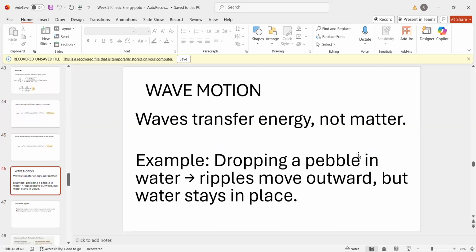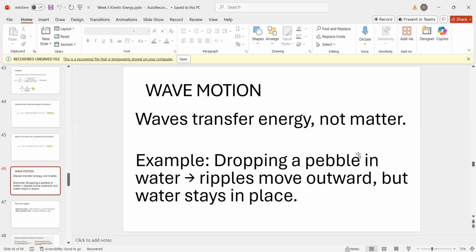Wave motion. We know about waves. Waves transfer energy, but not matter. I don't know if you really grew up in a village where maybe sometimes when you go to the poolside and you drop a stone in the water, you see the waves.